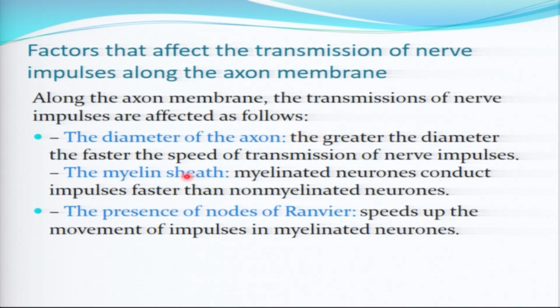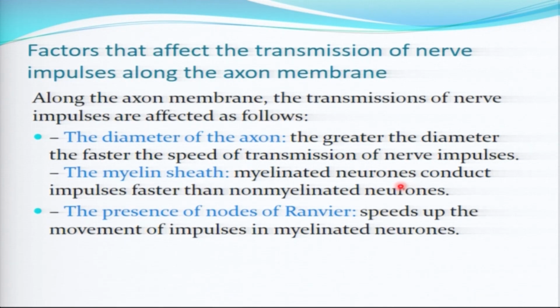Then the myelin sheath. As I have said, the myelin sheath is there to increase the fast movement of the impulse. Myelinated neurons conduct impulses faster than non-myelinated neurons. Actually, they are like lipids.